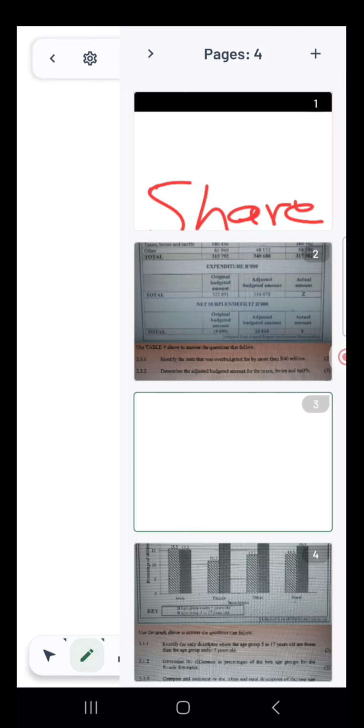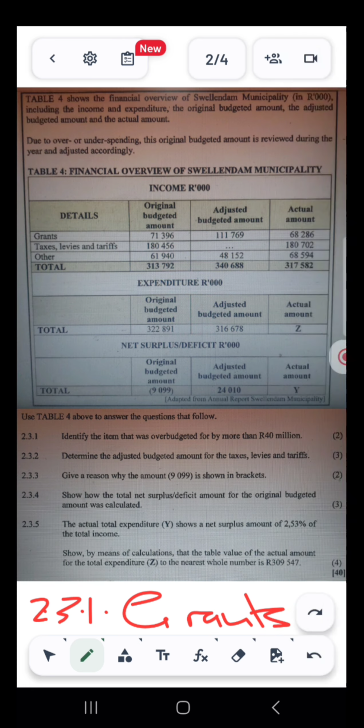We want the adjusted budgeted amount for those grants. Now let me show you a table. Okay, finally, right? So when we look at this column, this is the total amount for all three.